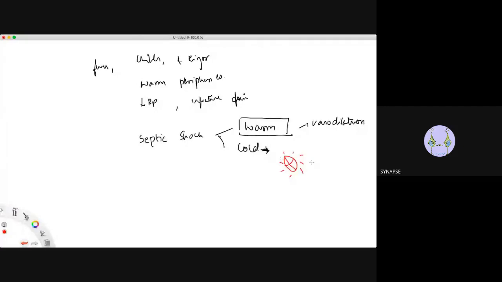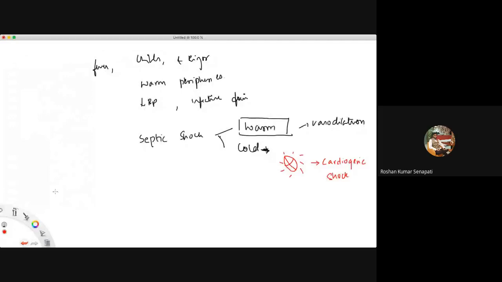This cold phase is similar to cardiogenic shock. The toxins have caused myocardial depression, hence the myocardial function is reduced and it's not able to pump, resulting in decreased tissue perfusion. Is that clear?